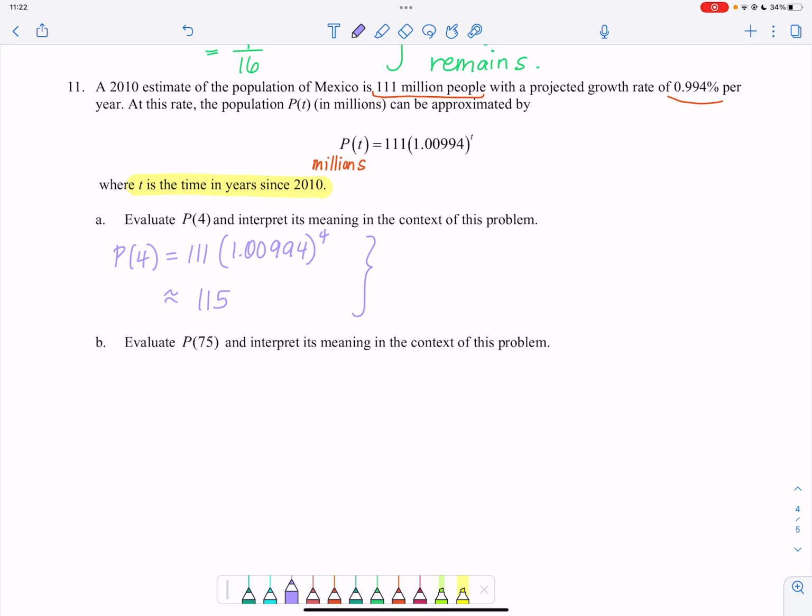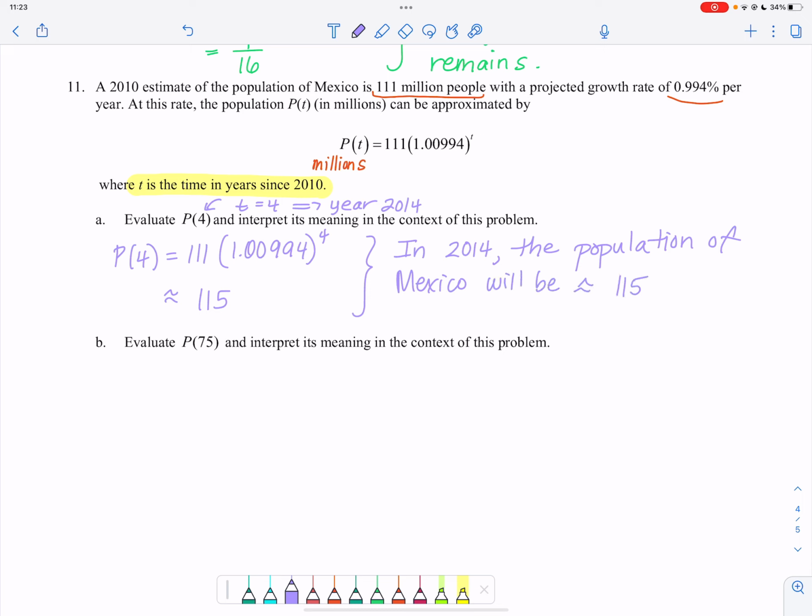And interpreting that, we have that in the year 2014, so keep in mind, P of 4, when t is 4, this is year 2014. So in 2014, the population of Mexico will be approximately 115 million.